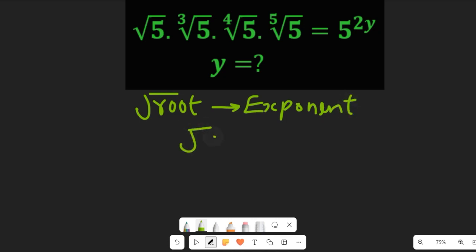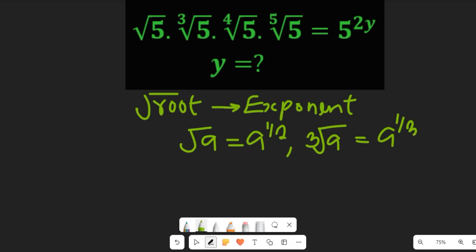The square root of a is equal to a to the power of 1 divided by 2. And the cube root of a is equal to a to the power of 1 divided by 3. So that means we can simply change those roots we have over there.